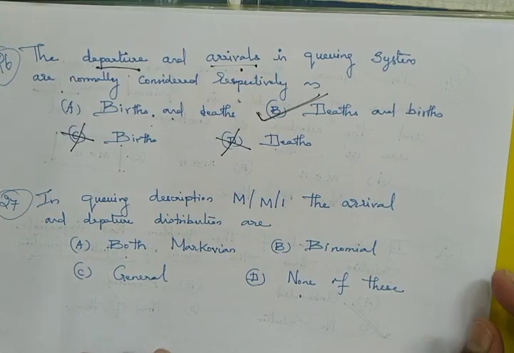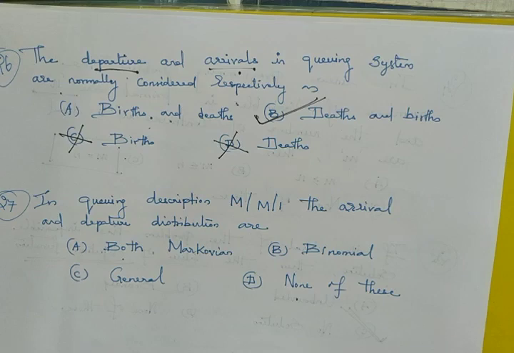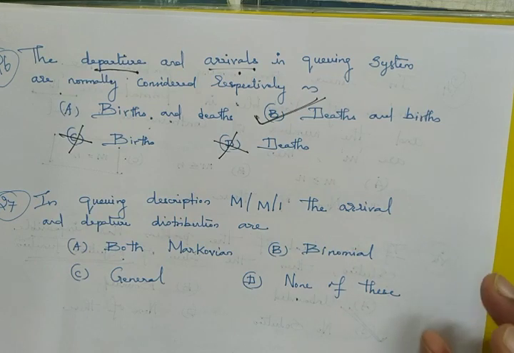What does Markovian mean? The future depends only on the present, the existing one, not on past data. Based on the current state only you can define the future, not based on the past.